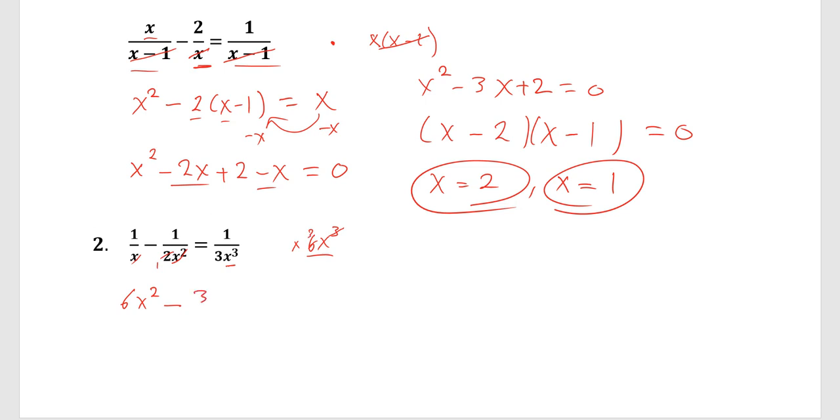So you get 3x. Okay? Equals 1 over 3x cubed times 6x cubed. X's cancel out fully. And then 3 divided by 3 is 1, 6 divided by 3 is 2. So you end up with 1 times 2, which is 2.